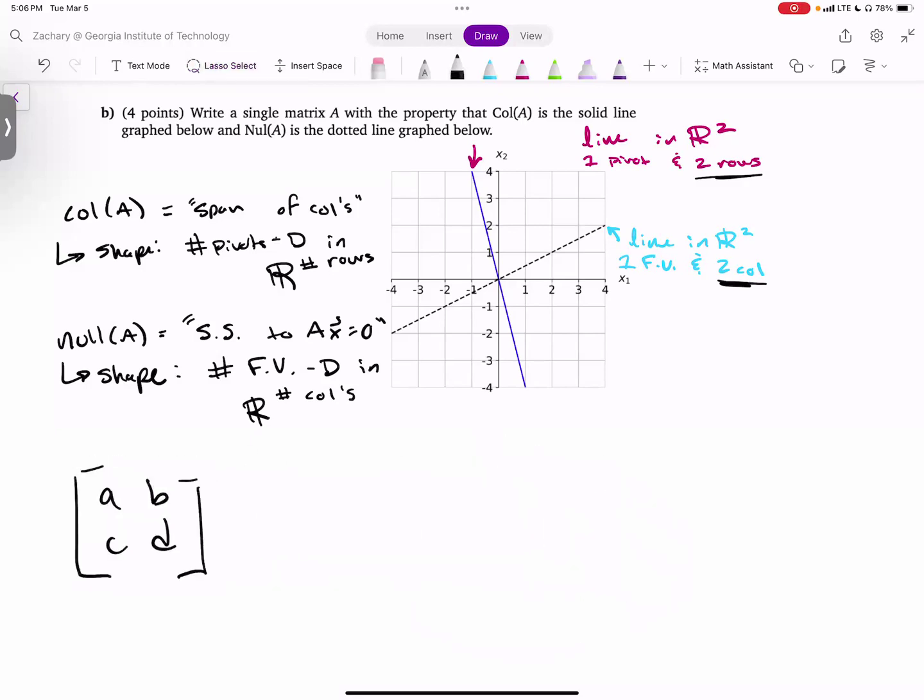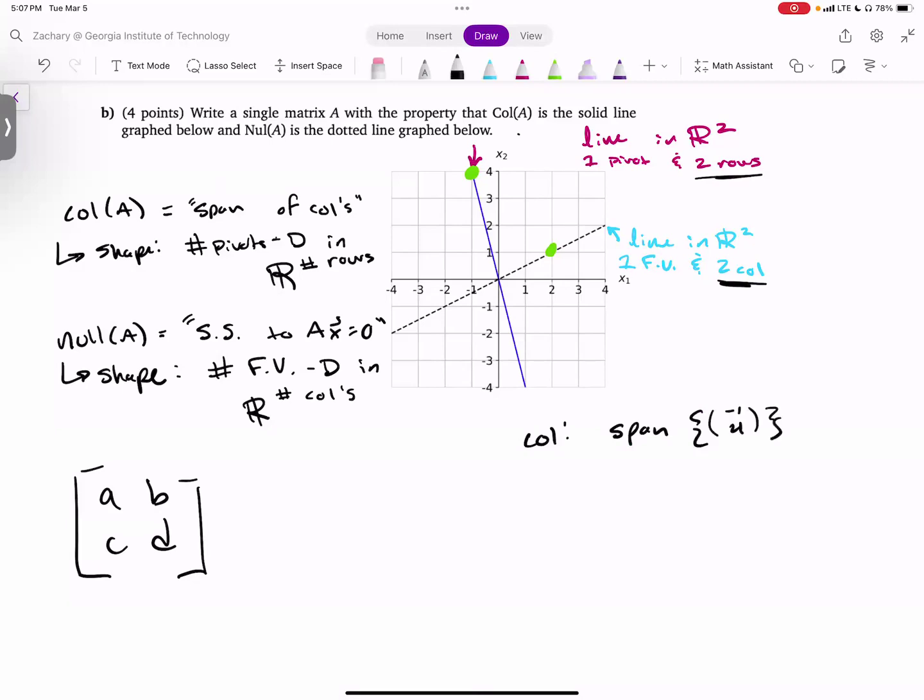And now we actually need to start looking at the graph. I usually just pick 2 points that I think are easy. So I'm going to pick this point and this point. Okay, and we'll get back to each of them in a moment, but we'll start with the column space. So my column space is equal to the span of whatever that vector is, which is (-1, 4).